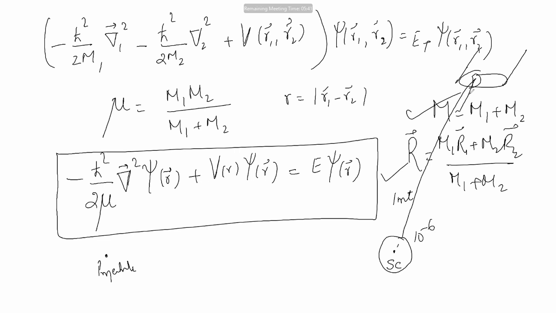Therefore, for 10 power minus 6 meter, this 1 meter is an infinite distance. Is it not? And similarly, this is an infinite distance. Therefore, the particles coming here, which are incident waves, are not feeling the presence of the potential created by this scattering center.